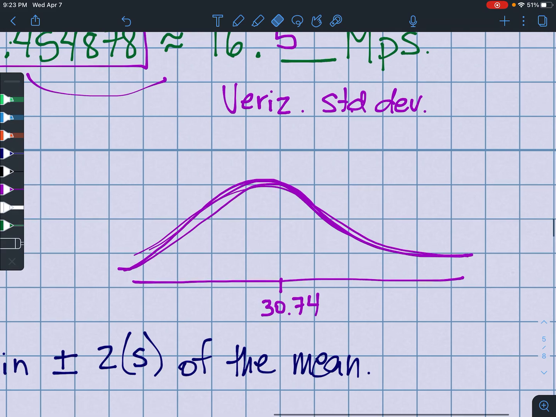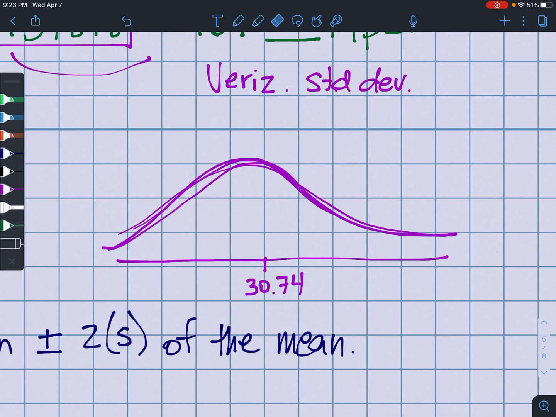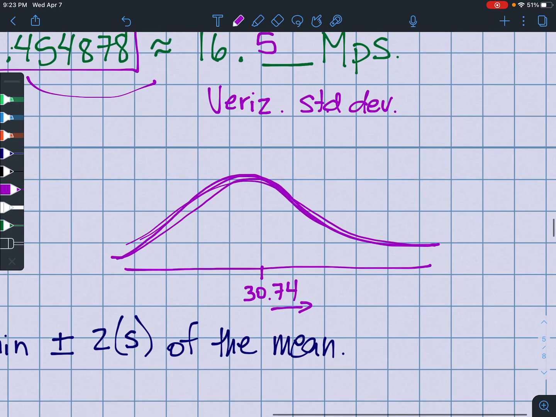And so it says, if I go out 16 this way, and if I add 16.5 to 30, I get something like 47 something and change. I'll just say ish. And if I subtract 16.5 from that, I get like 15 or, yeah, 15, 16.2 maybe? No, 14.2.